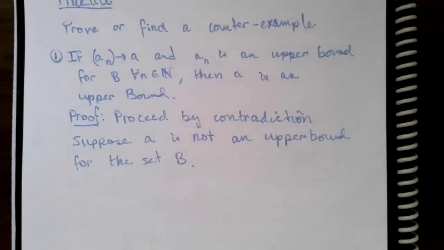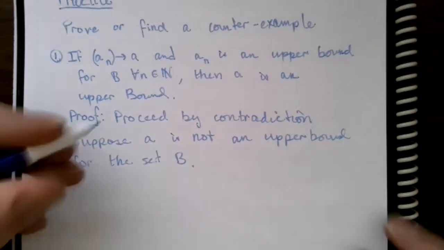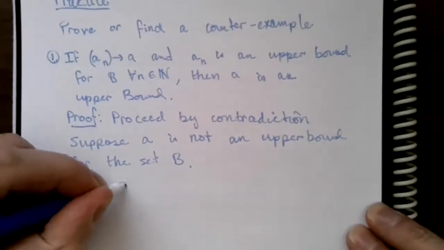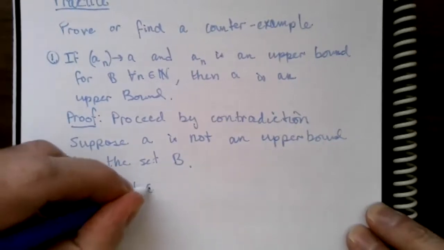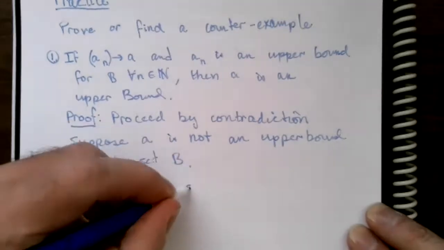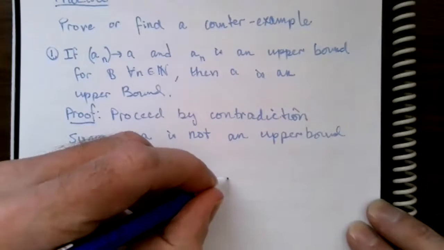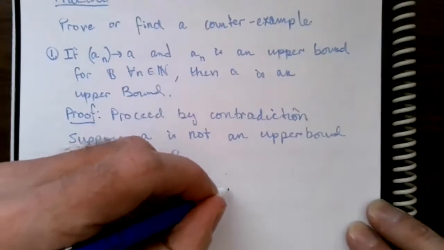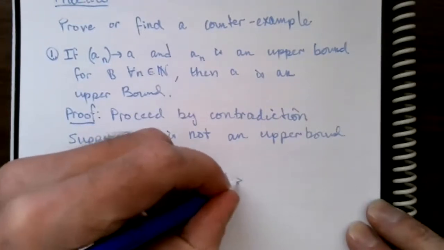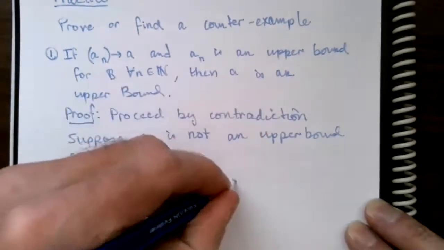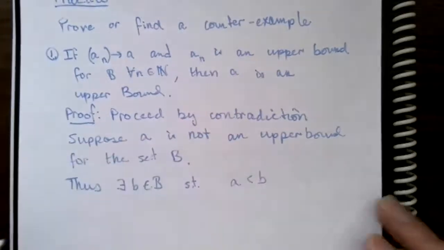There exists a term in B that's greater than A. Right. Thus, there exists, let's call it little b in B, such that, let me write it the other way, A is in fact less than b.